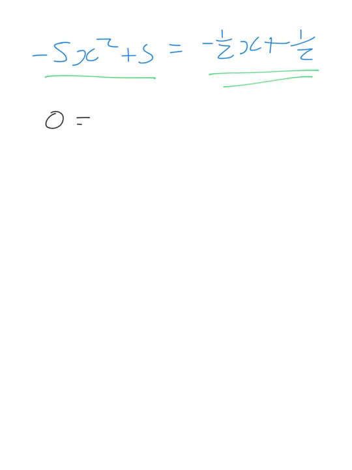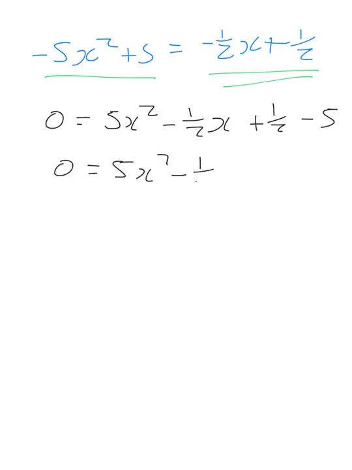Because it's a quadratic, I'm going to have 5x squared minus a half x plus a half, minus negative 5. And so if we simplify this out, that's kind of a difficult one to factorize, but if we do it on a calculator, it can be quite easy.